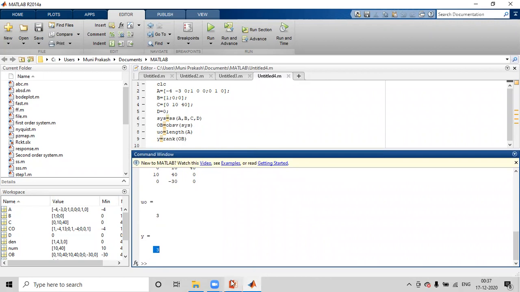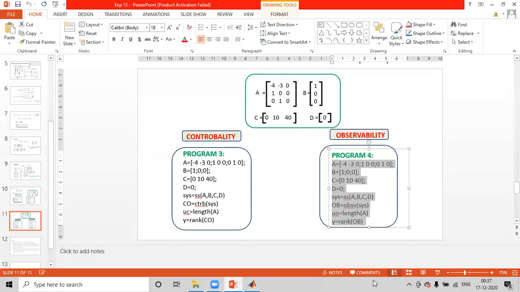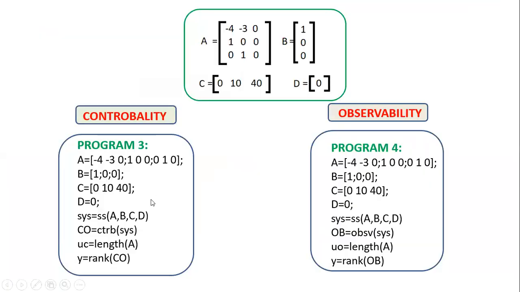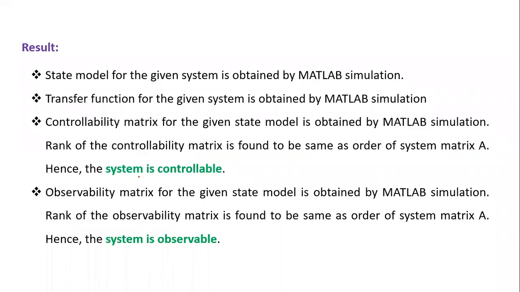And coming to the conclusion, the given transfer function we convert into the state model, and also vice versa. That means in the first case they gave the transfer function, and we converted that into the state model.